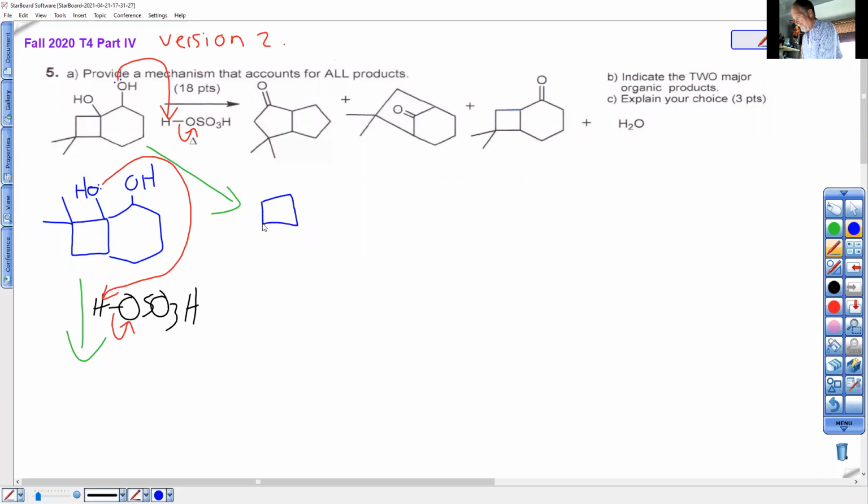I think I moved my methyls. Shame on me. I didn't copy the molecule properly. There. And we have an oxonium up top.